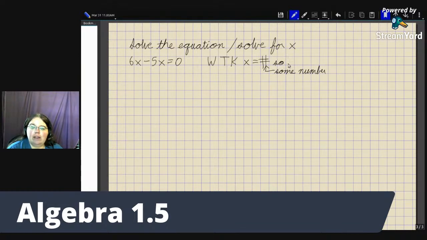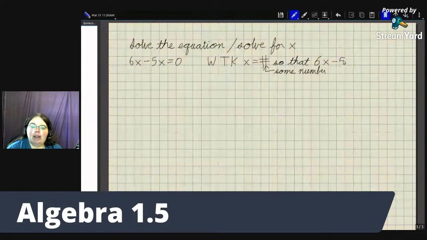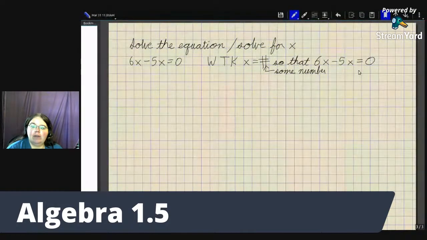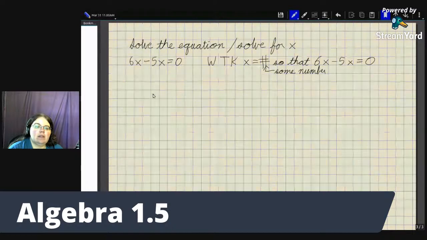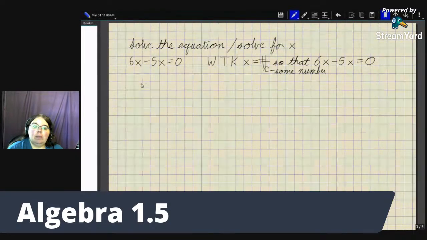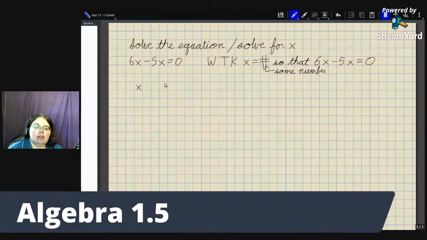So we want to know that x value so that 6x minus 5x evaluates to 0. So we can start by making a bit of a chart. So we can try out different values for x and see what happens.